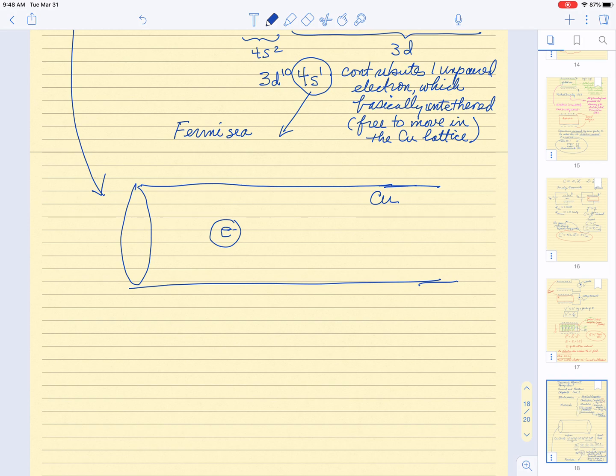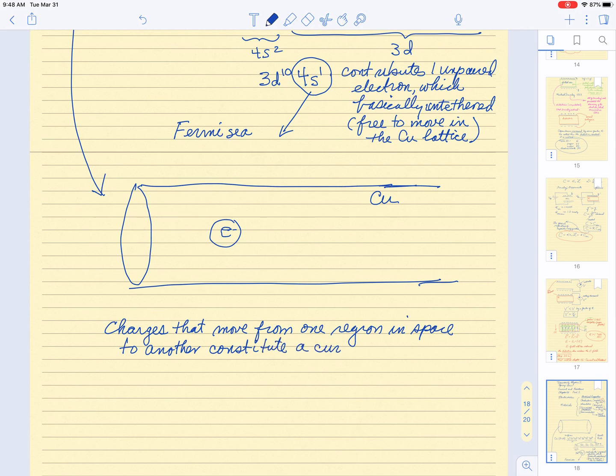Before we do so, let me introduce a couple of definitions. So we're going to be looking at charges on the move. So charges that move from one region in space to another constitute or form what is called a current.